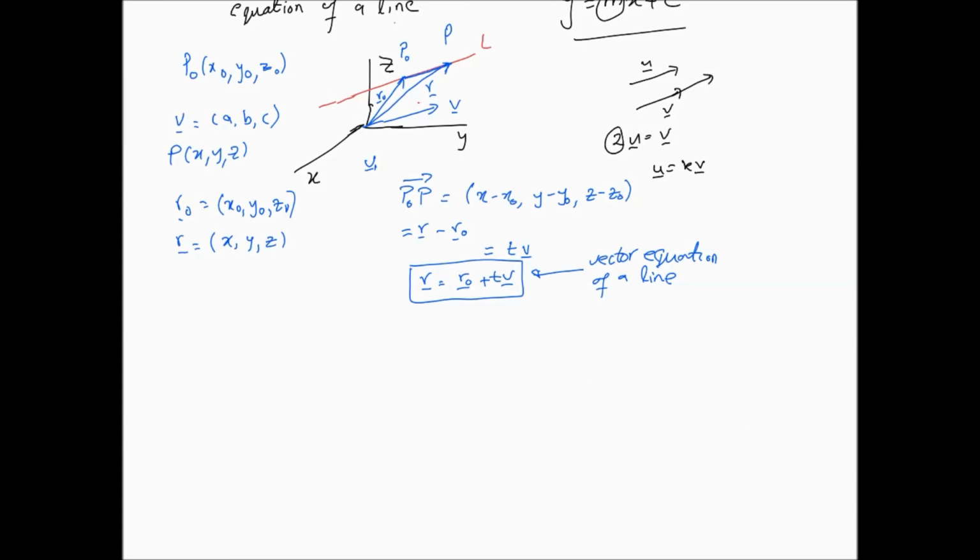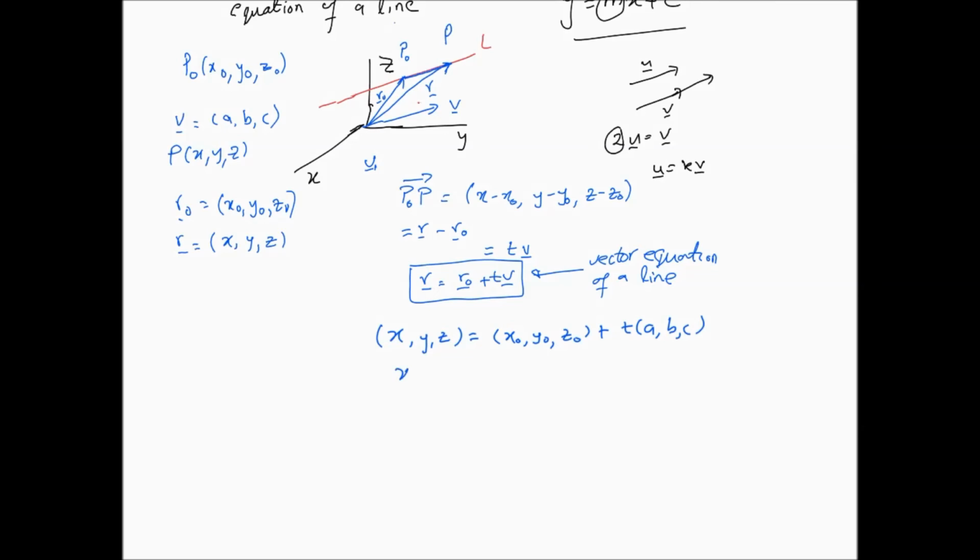Now, in component form, r on the left-hand side would be x, y, z, and that is equal to r0, which is x0, y0, z0, plus t times a, b, c. We also know that two vectors are equal if every component of those vectors is equal.